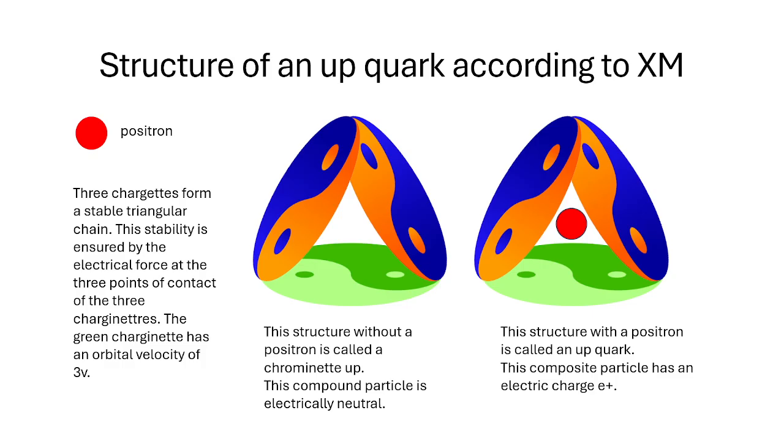The green charge net has an orbital velocity of 3v. This structure without a positron is called a chrominate up. This compound particle is electrically neutral. This structure with a positron is called an up quark. This composite particle has an electric charge E+.